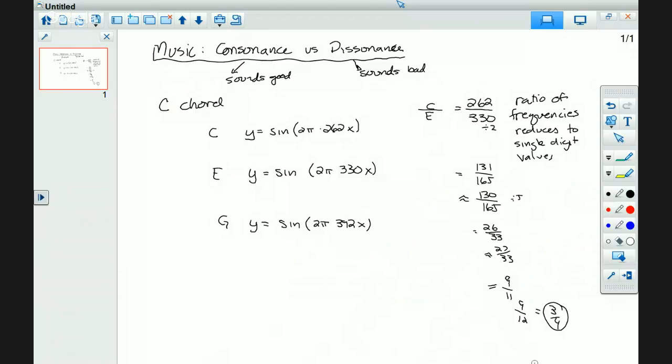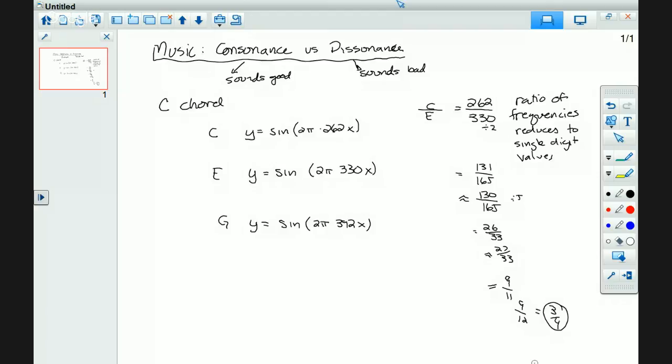That's how you show the notes are consonant using the frequencies: they reduce to single digits. Like I said, it's a little manipulation. The graph is very straightforward, right? But in your report, you have to show this.